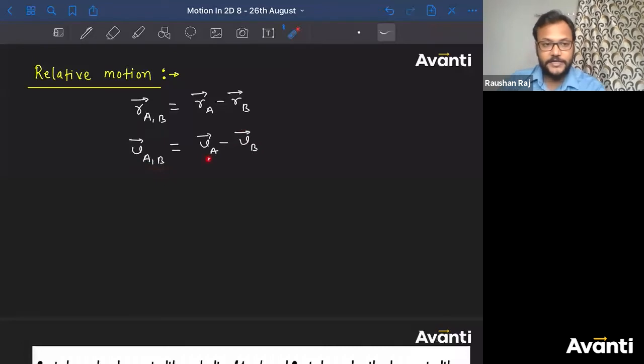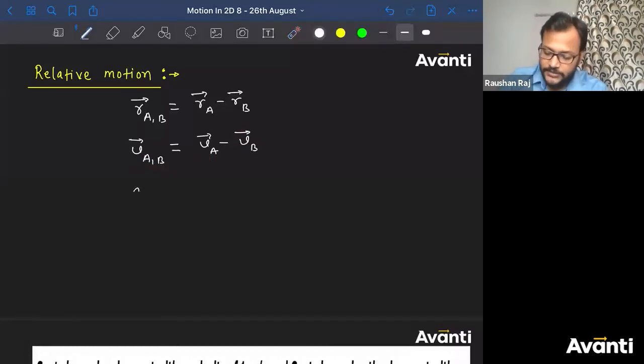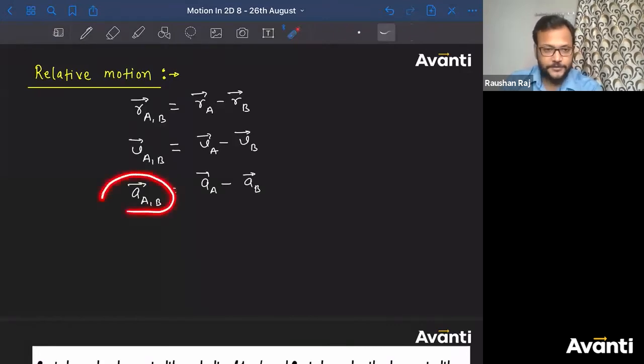Velocity of A with respect to B. All right. Similarly, you can be asked what is the acceleration of A with respect to B. So what will be the answer? Acceleration of A minus acceleration of B. Again, acceleration of A with respect to B can be written as acceleration of A with respect to ground minus acceleration of B with respect to ground.